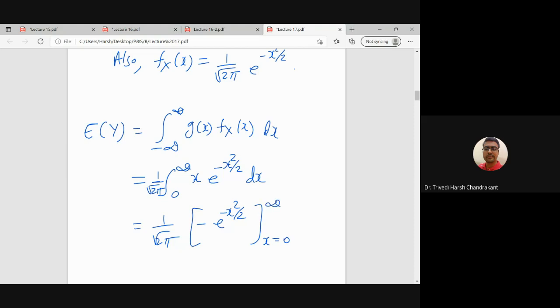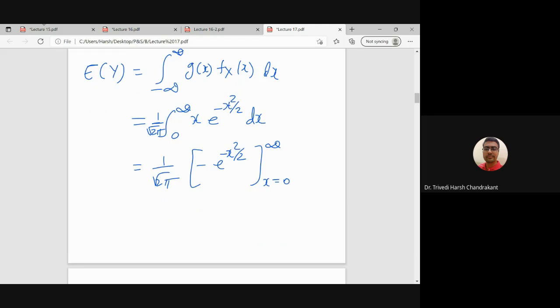When we substitute infinity, e power minus infinity is 0, because e power x goes to infinity as x goes to infinity. So the upper limit gives 0. At the lower limit x equals 0, the value of the function is minus 1. But it is a lower limit, so it comes with a minus sign. So minus of minus 1 is 1. So 1 times 1 upon root 2 pi, that is the answer.